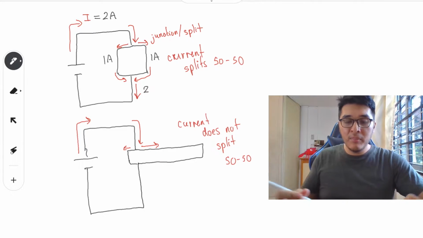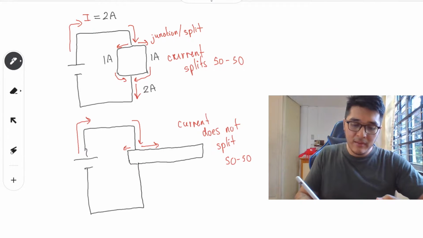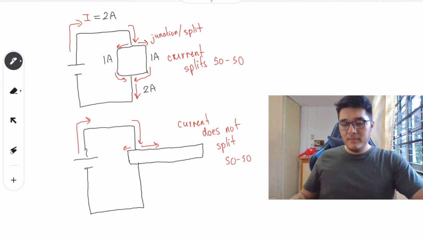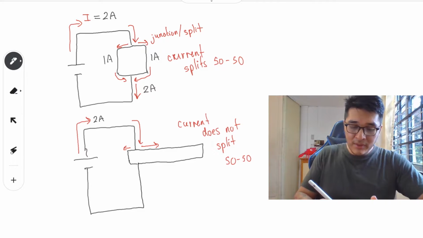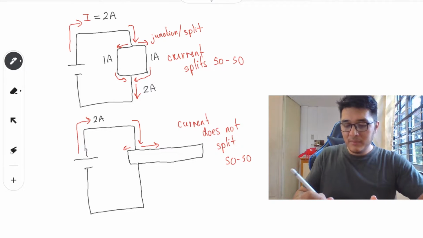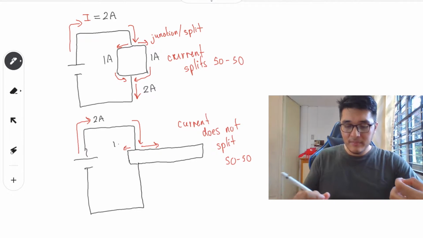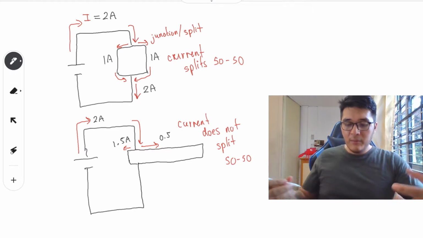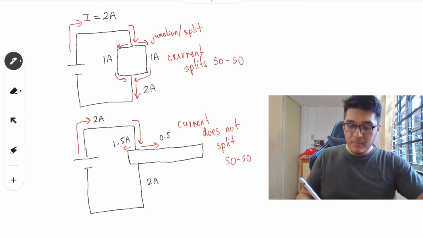And when they recombine, you get back 2. Likewise with the other example, if we have 2 amperes and they split, so let's say 1.5 amperes and 0.5, when they meet back again, they form the 2 amperes of current.